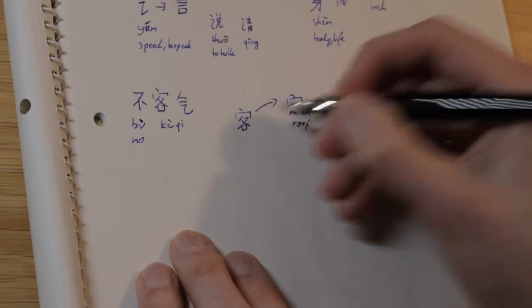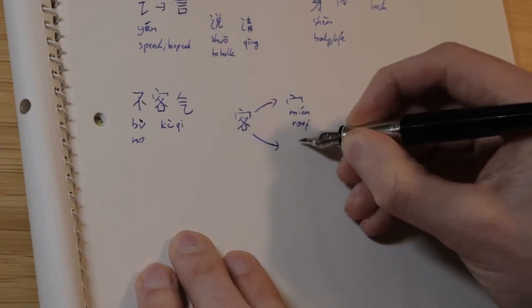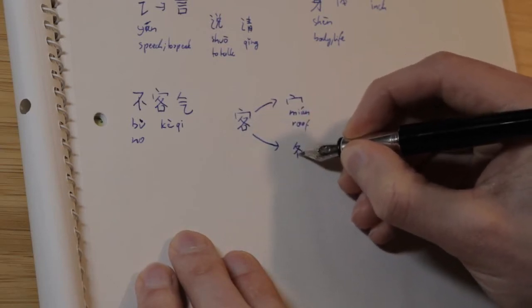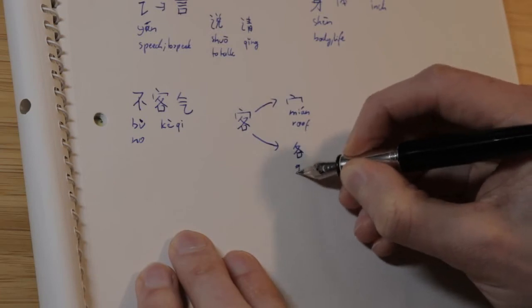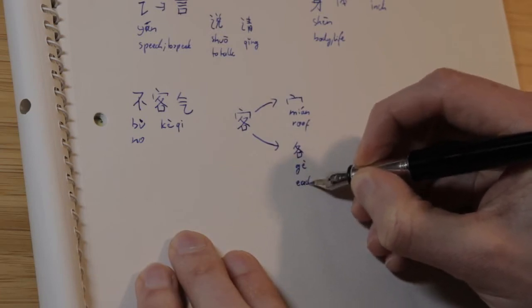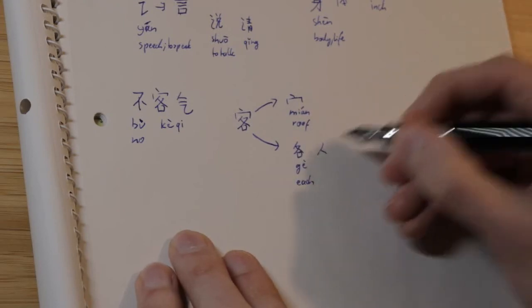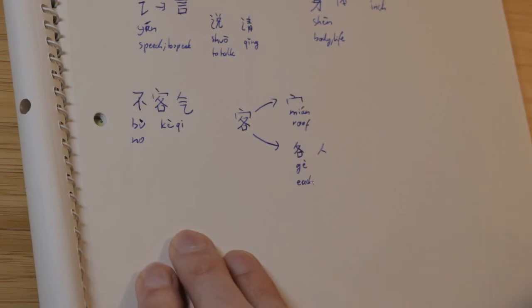And on the bottom part we have ge. Ge, which means each. For example, we had before ren, right? Ren, the person, if we say ge ren, which means every person, each person.